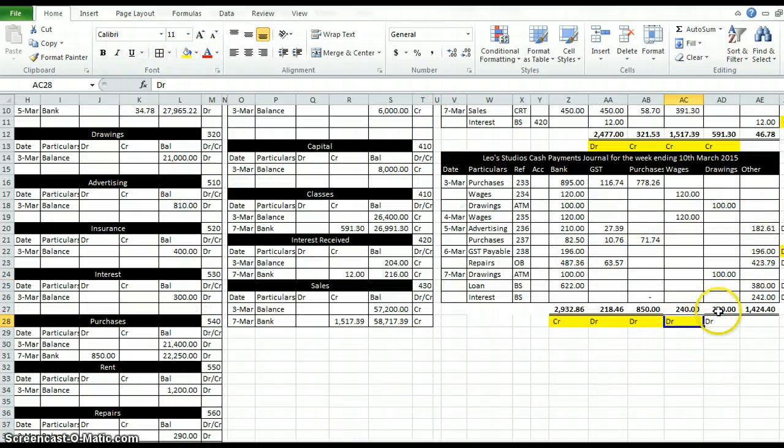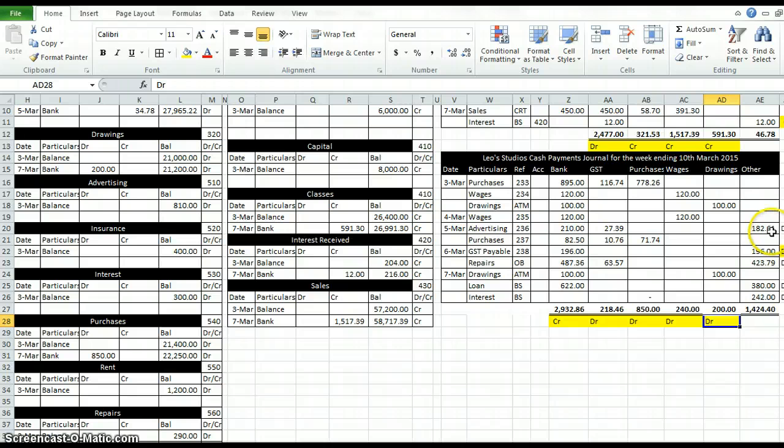Then we've got drawings of 200, up here drawings, end date, bank, tells us to debit it, so in the debit we go equals, click on that 200, enter and add it up. Again, DR for debit, and mark it off.